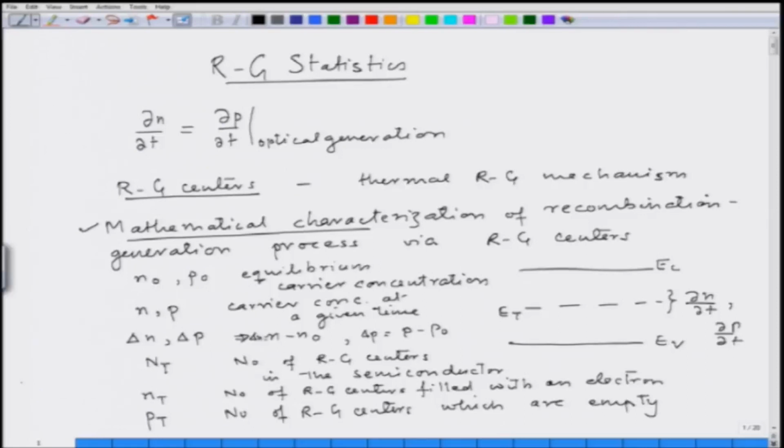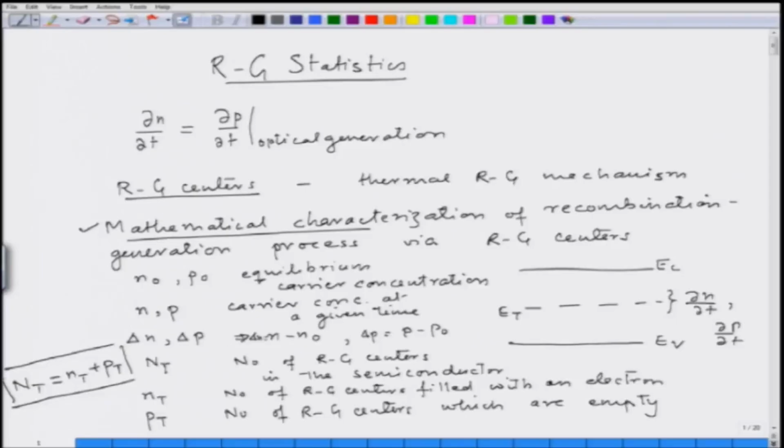So, you can see the relationship is that the total number of RG centers will be equal to the number occupied by electrons plus the number not occupied by electrons. So, this would be the relationship in these parameters.